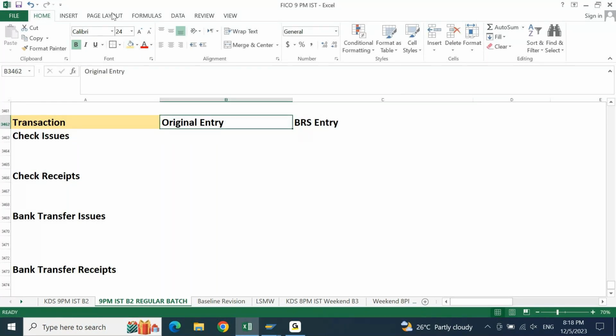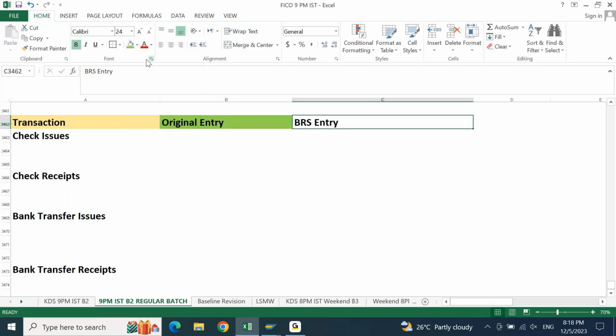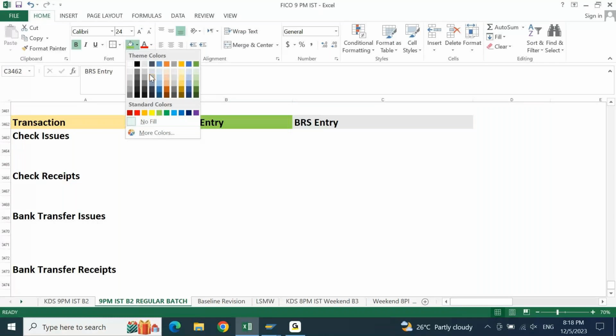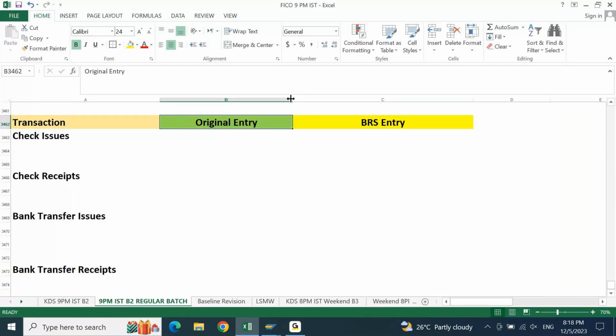For everything we need to understand what is the original entry plus what is the BRS entry.